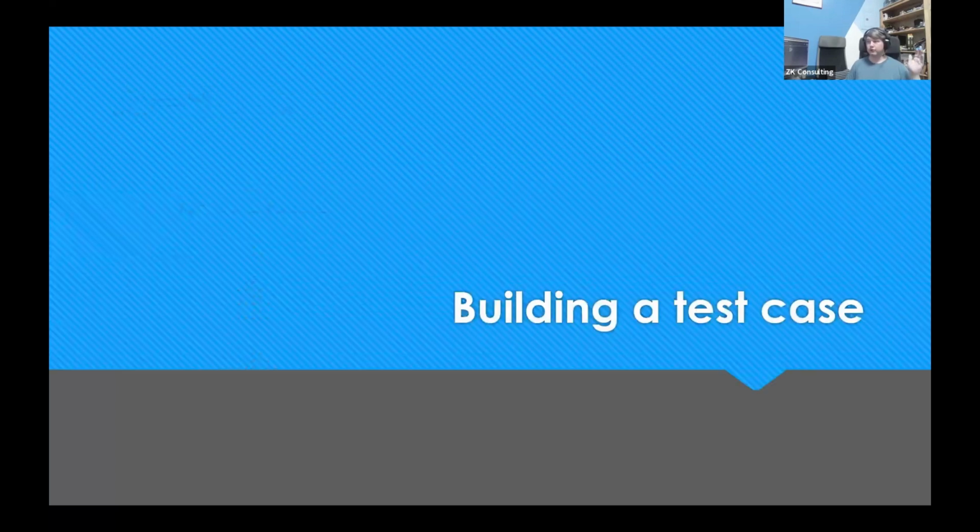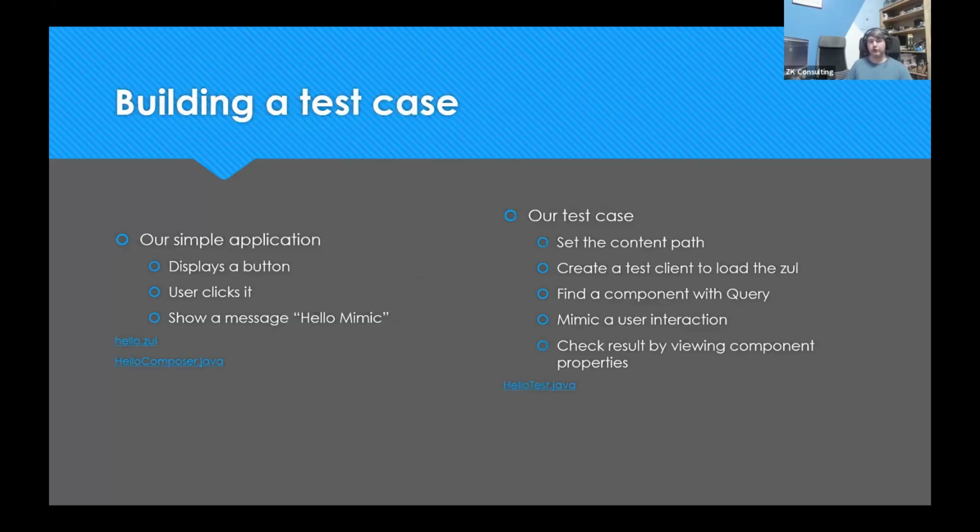Now that we've gone through the abstract, we're going to build a test case together just to show you the building blocks of running ZATS, making sure that everything is clicking and then getting a test result at the end. For this purpose, we're going to use a very, very simple application.